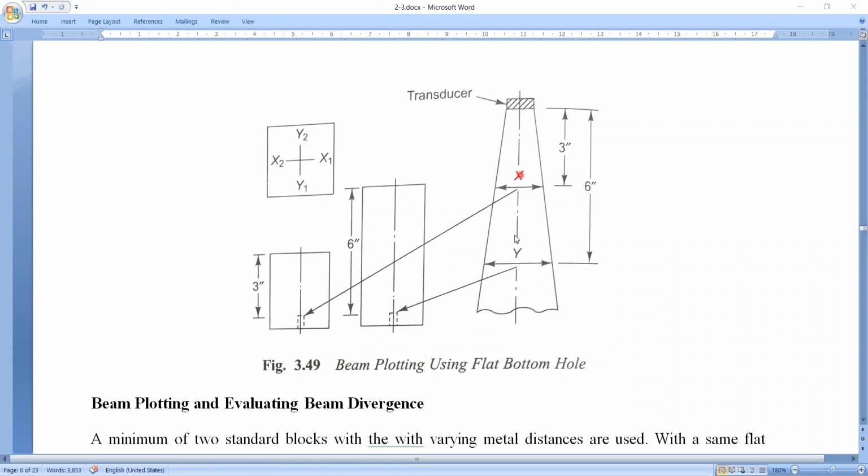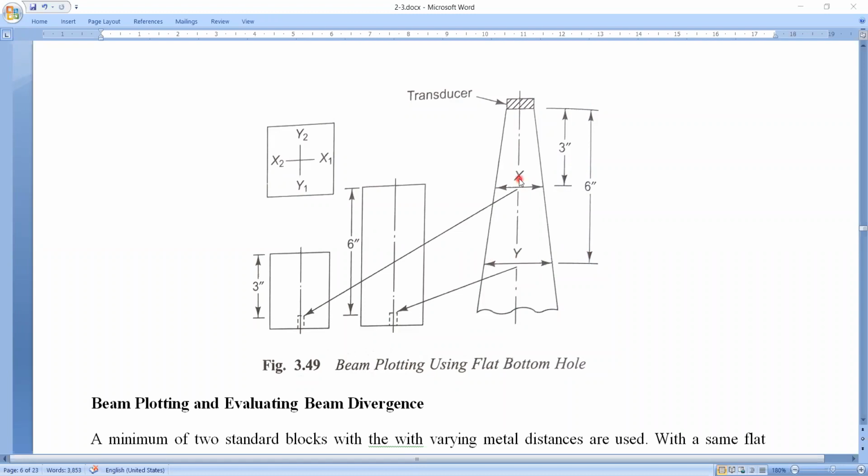By averaging these results at X and Y, we can easily find the divergence of the beam. This is the width of the beam while testing the 3-inch block, and this is the width of the beam while testing the 6-inch block. If Y is greater than X, there is a divergence.